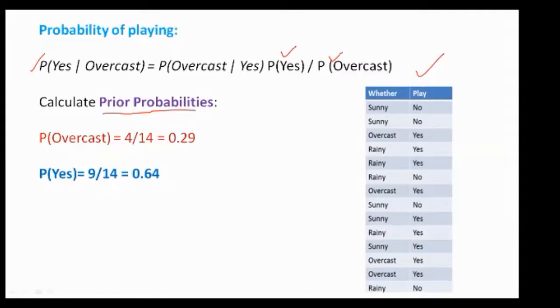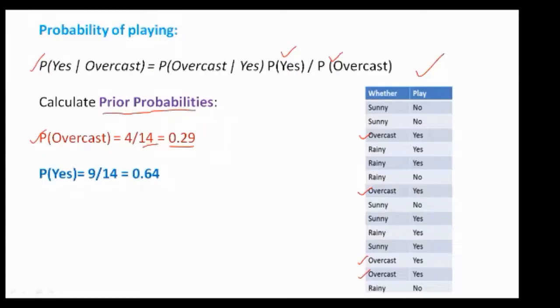So the probability of overcast: four rows are there for overcast condition, and total rows are 14. So the probability of being overcast will be 4 divided by 14, that is 0.29.